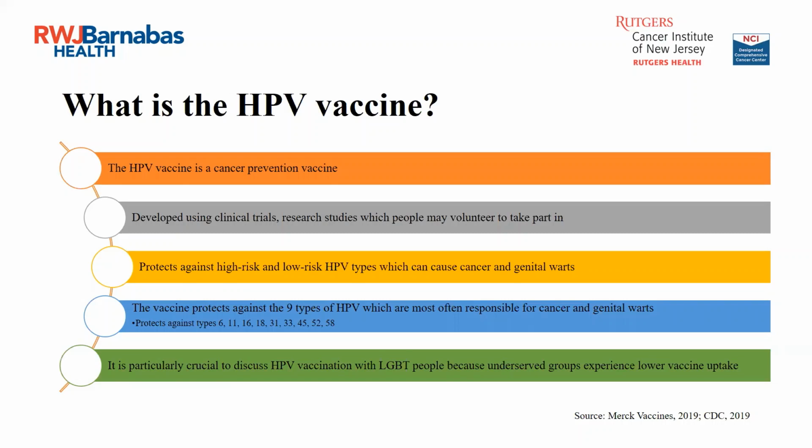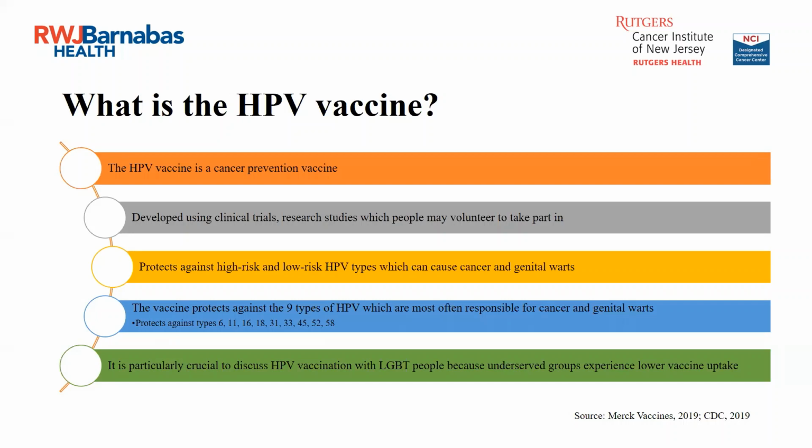The HPV vaccine is a cancer prevention vaccine. It was developed using clinical trials. It protects against high-risk and low-risk HPV types, which are responsible for cancer and genital warts. The vaccine available in the United States is the 9-valent HPV vaccine, which protects against the types of HPV most often responsible for cancer and genital warts.